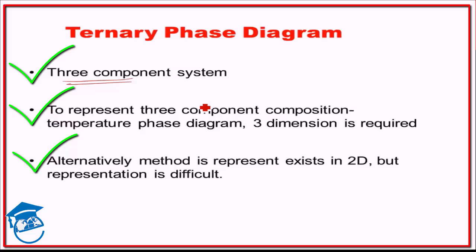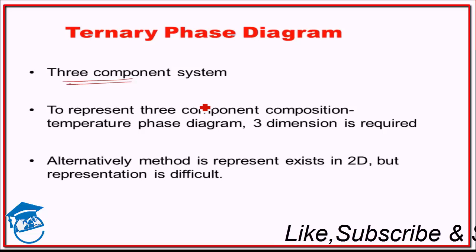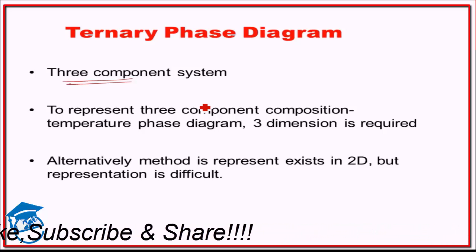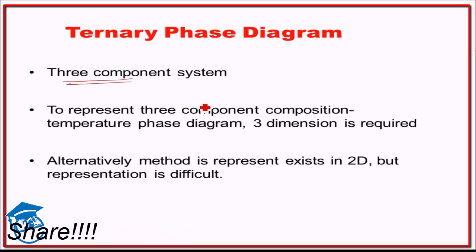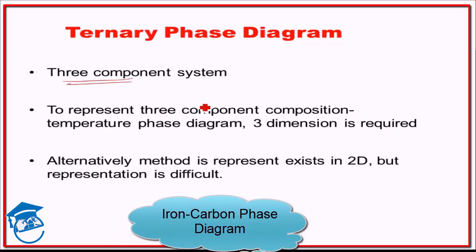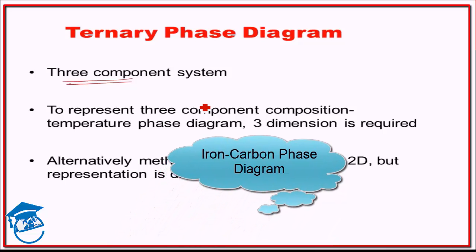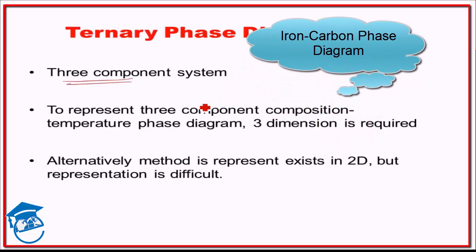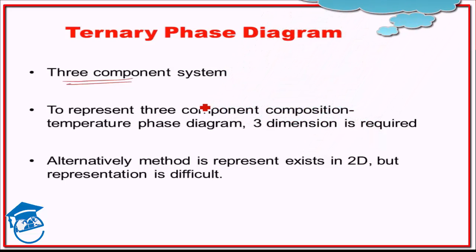Okay, with this I will stop today's lecture. Next lecture we will discuss the much talked about iron carbon phase diagram. Why do we focus so much on iron carbon phase diagram? This is because iron and in turn steel is the fundamental backbone of all the construction and all the recent human developments that have been going around.